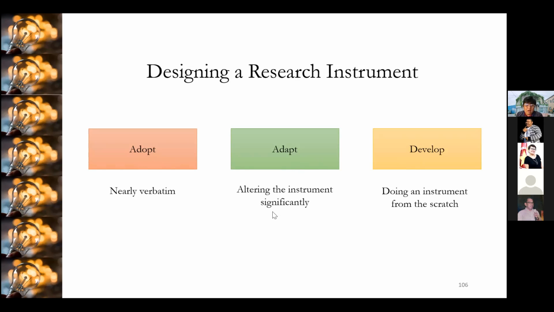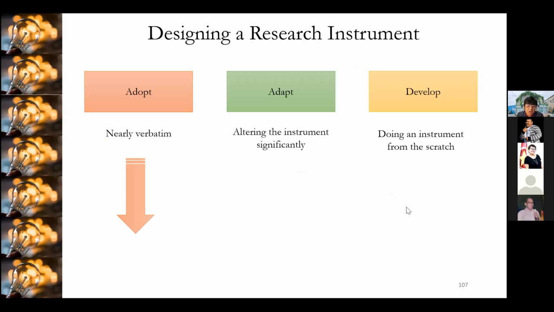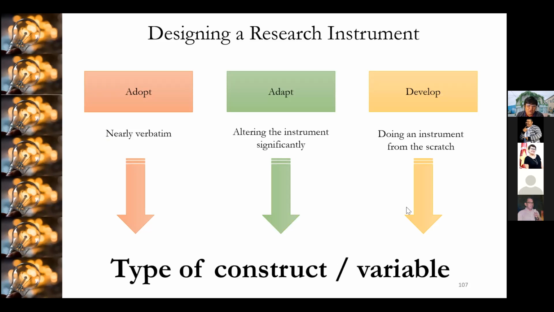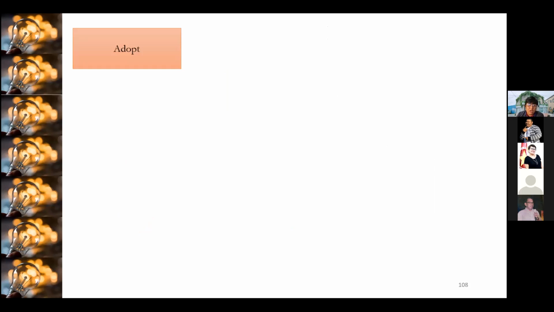If you alter significantly from an adapted instrument, then you are adapting with A. If you develop a new instrument because none exists, you need to develop it from scratch. And understanding what kind of construct we have is very important in designing our research instrument.